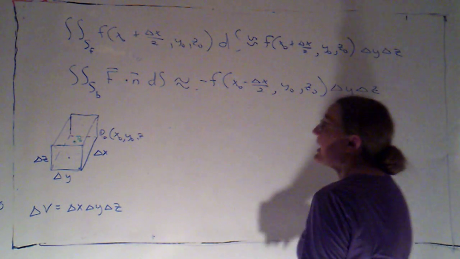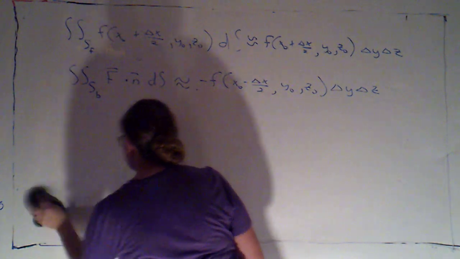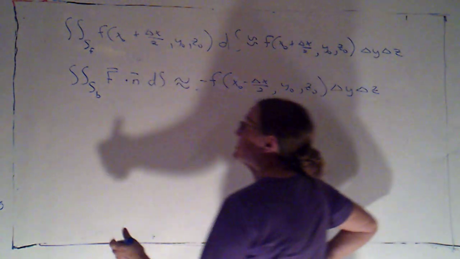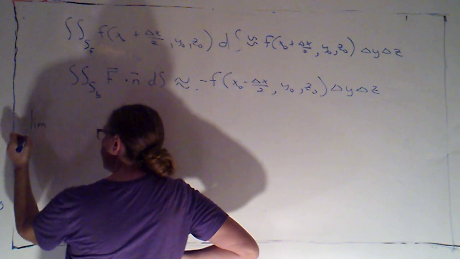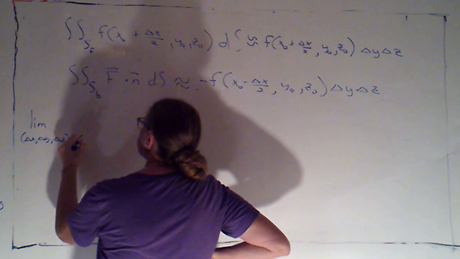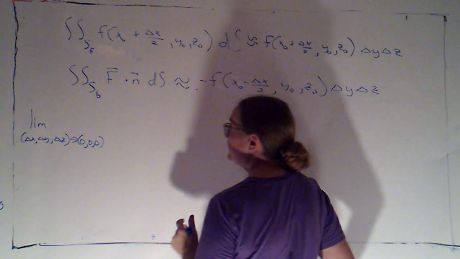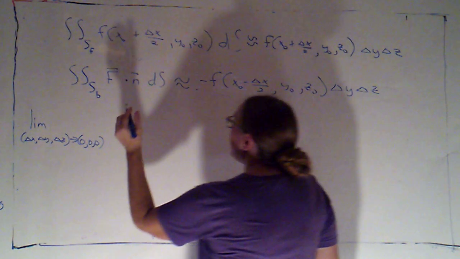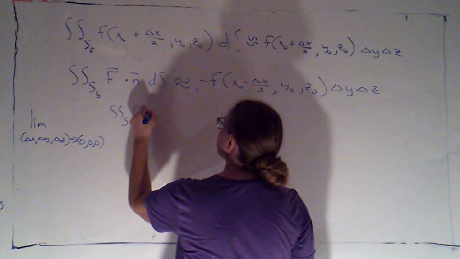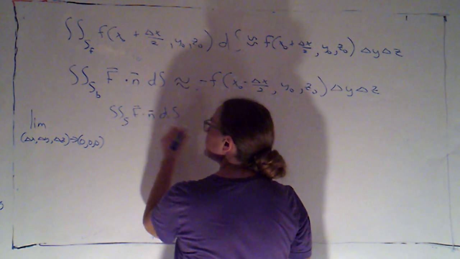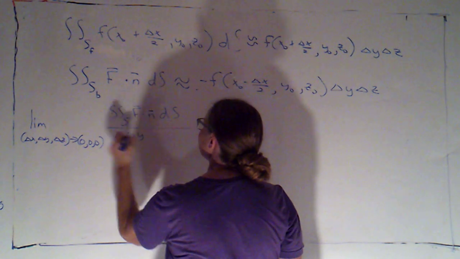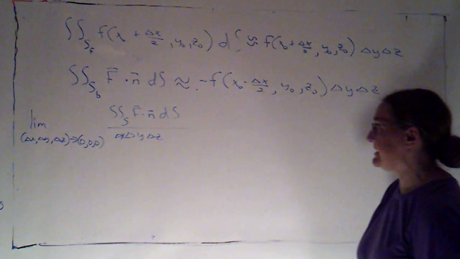Now, if I were to calculate the flux density, so if I were actually to calculate the limit as delta x, delta y, delta z goes to 0, 0, 0 of the double integral along S of f dotted with n ds, that's the flux, divided by the volume, which is delta x, delta y, delta z.